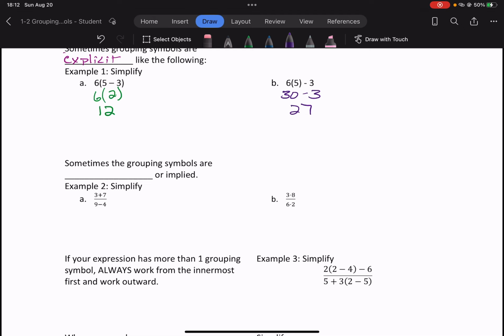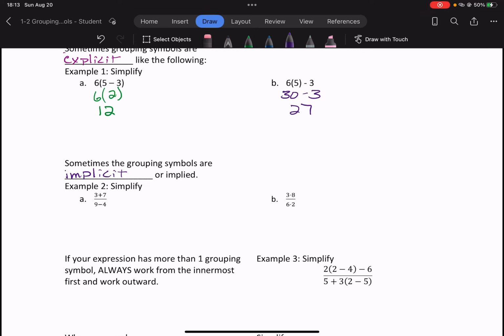Another thing to look at is that sometimes these grouping symbols are implicit. The word implicit just means implied. Let's look at it here. Notice that I have this fraction bar. Anytime I see a fraction bar, the grouping symbols are there, but we need to do what's above first and then below.